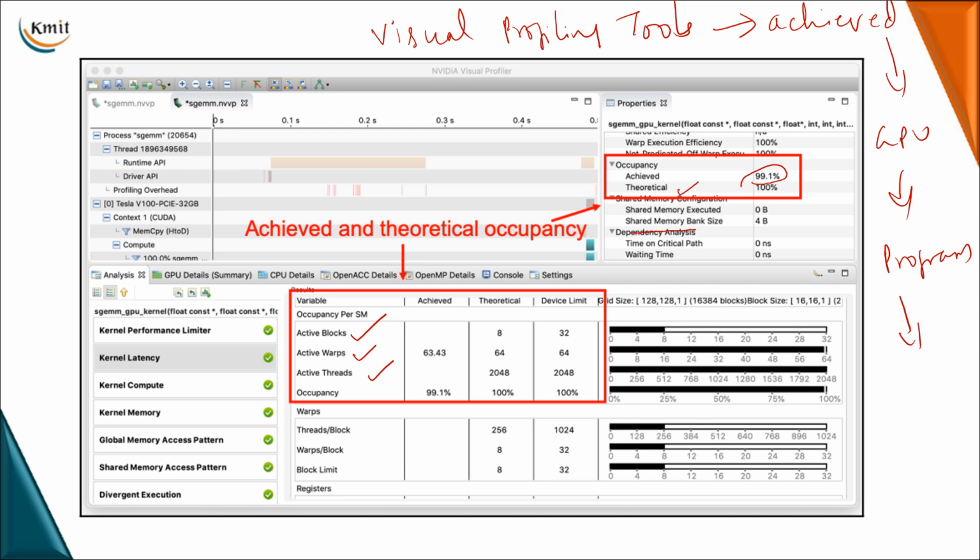So why are we dealing with theoretical and achieved occupancy? If you are able to find the difference between these two, you can identify which parameter is affecting it and rectify those errors so that you can improve the occupancy of the system to the maximum extent. So this is all about CUDA basics, warps, and occupancy.